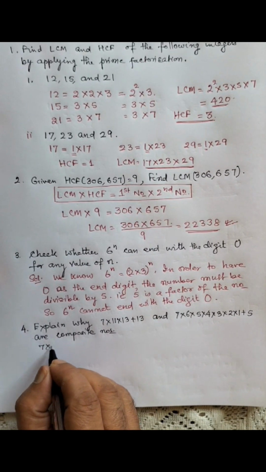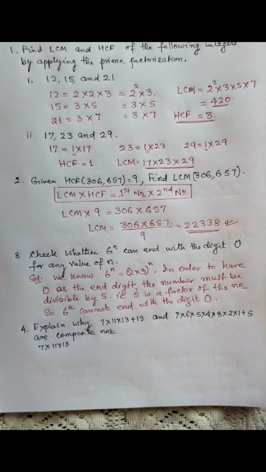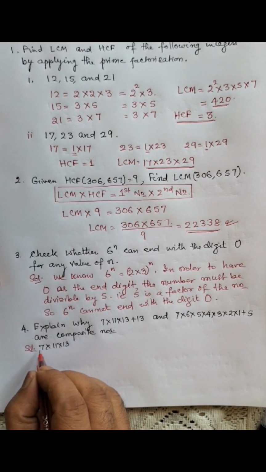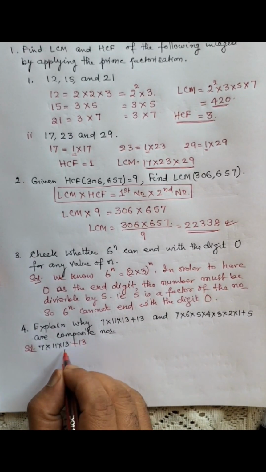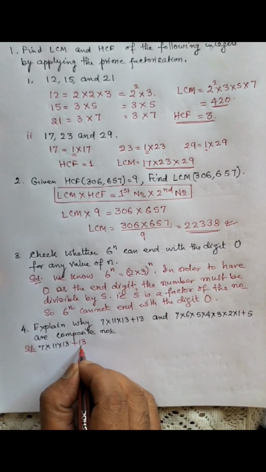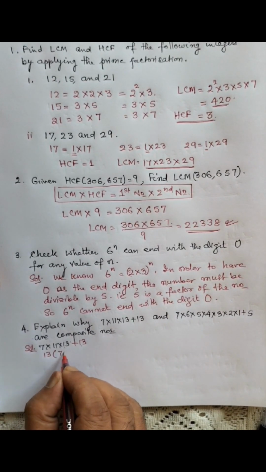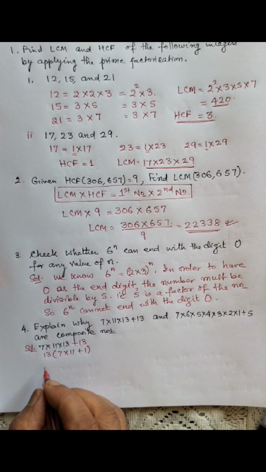7 into 11 into 13 plus 13. Solution: very clearly I can take 13 out. Now when I take 13 common, I am left with 7 into 11 and here 1.